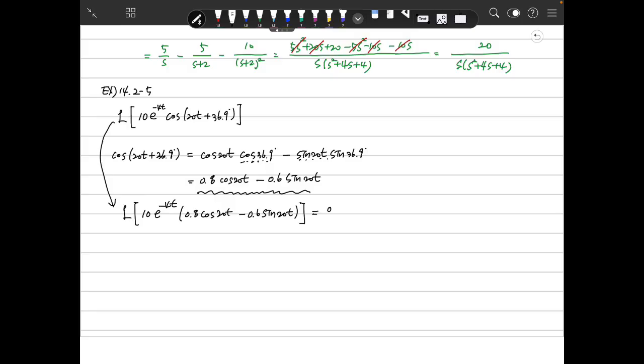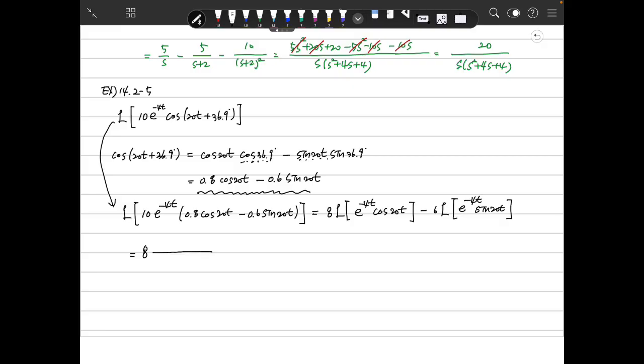So there will be 8 Laplace of exponential minus 4t cosine 20t minus 6 Laplace of exponential minus 4t sine 20t.